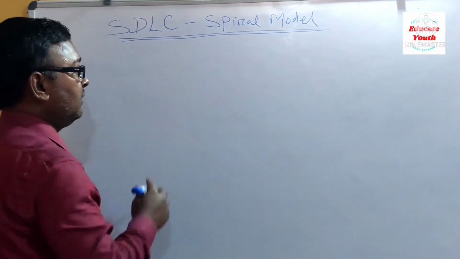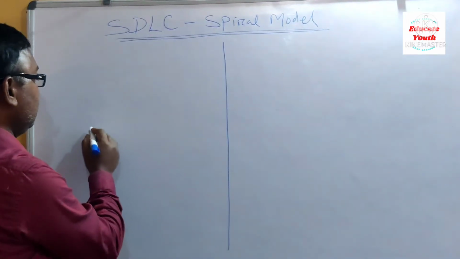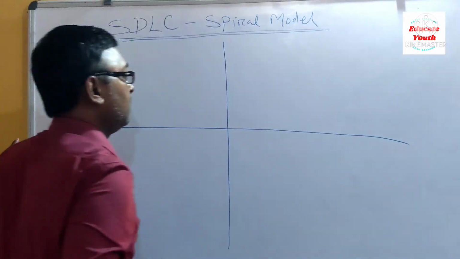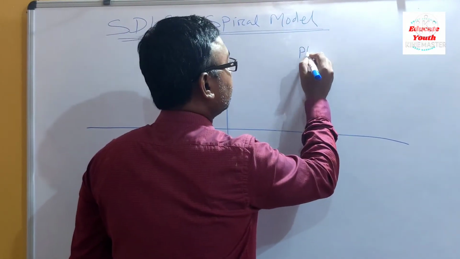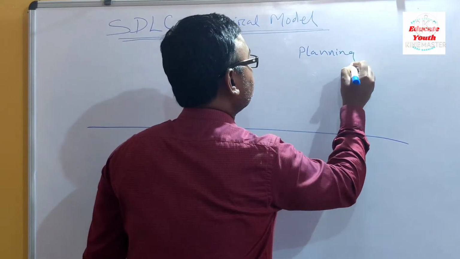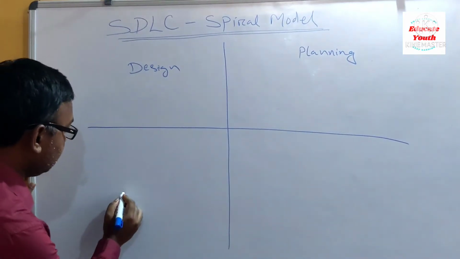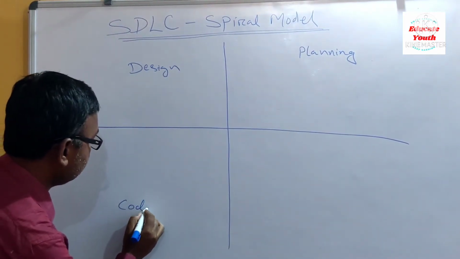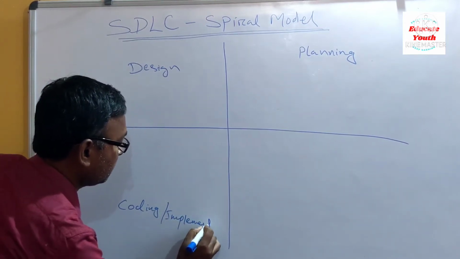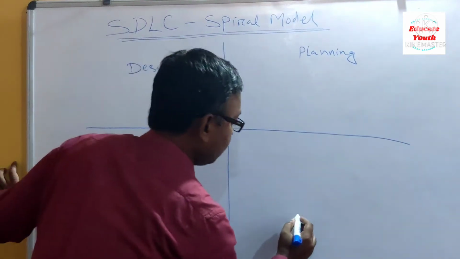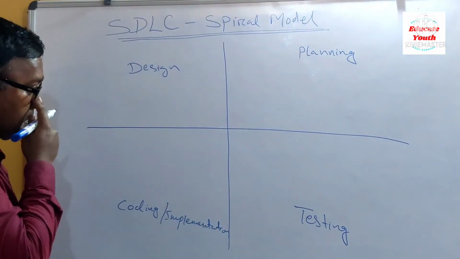So what is the spiral model? I'll just draw the diagram. In the spiral model you have planning, design, then coding, or you can call it implementation, and here you have testing.